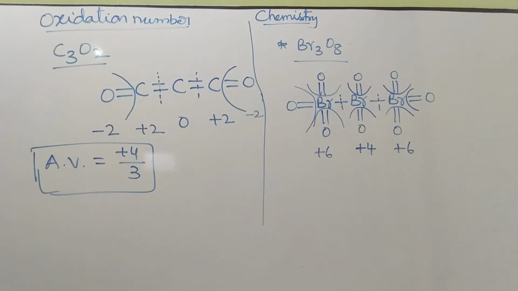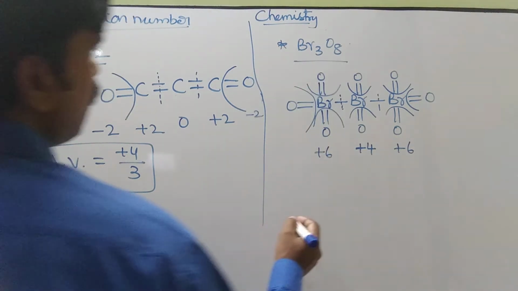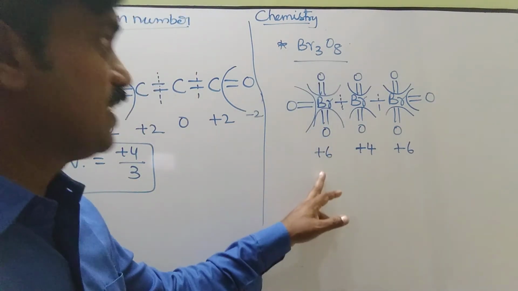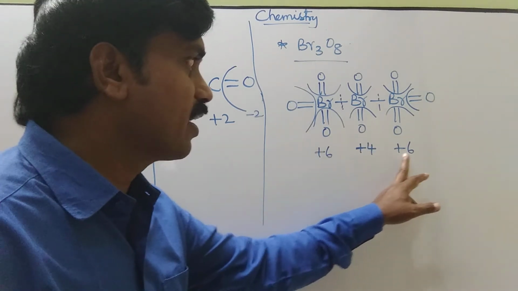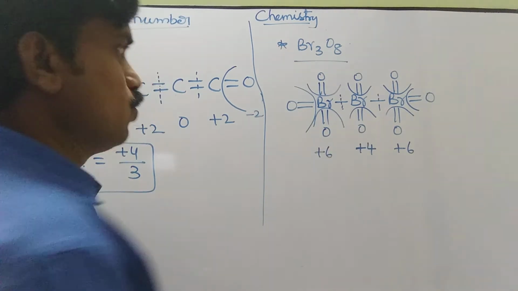Right, in Br3O8, this is tribromine octoxide. In tribromine octoxide, the oxidation state of the first bromine is plus 6, the middle bromine is plus 4, and the right side bromine is plus 6. And each oxygen exhibits minus 2 oxidation state.